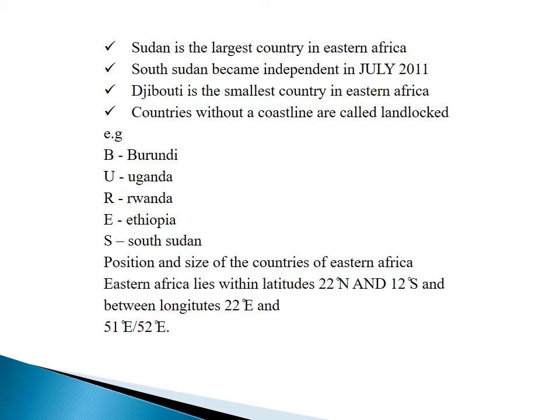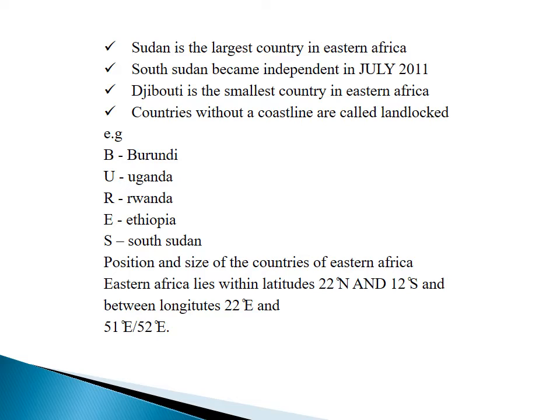If you are doing exams and you are asked to give examples of landlocked countries, you will just use the acronym BARES. B stands for Burundi, U for Uganda, R for Rwanda, E for Ethiopia, and S for South Sudan.